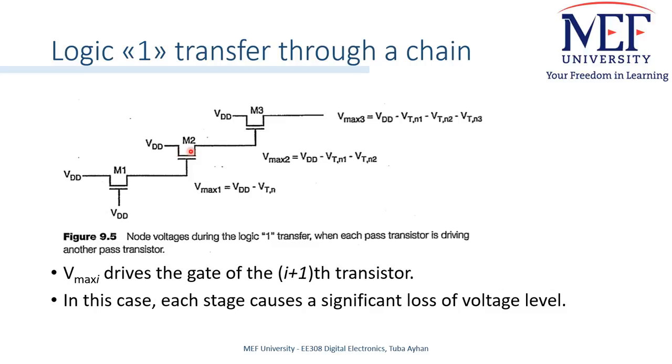Its gate to source voltage cannot exceed Vt0 of M2, so the upper limit for V2 is equal to VDD minus Vt0 of M1 minus Vt0 of M2. It can be seen that in this case, each stage causes a significant loss of voltage level.